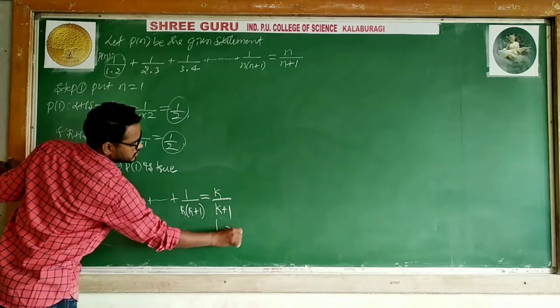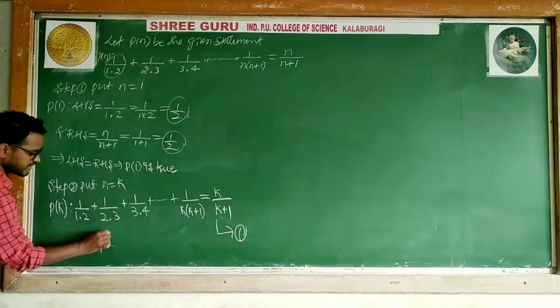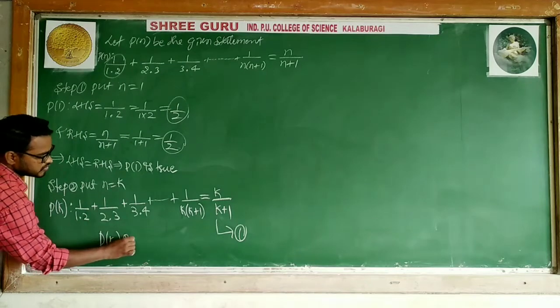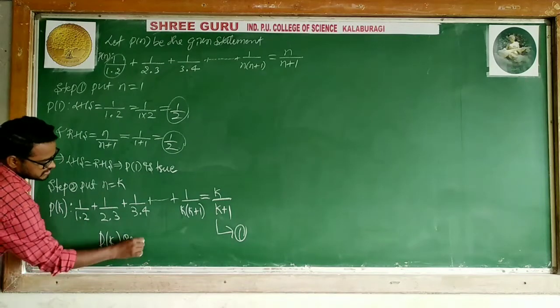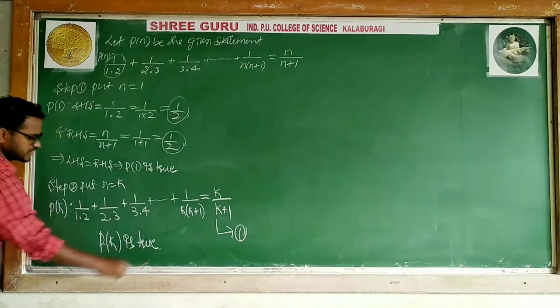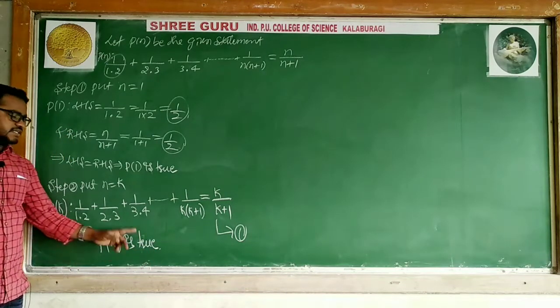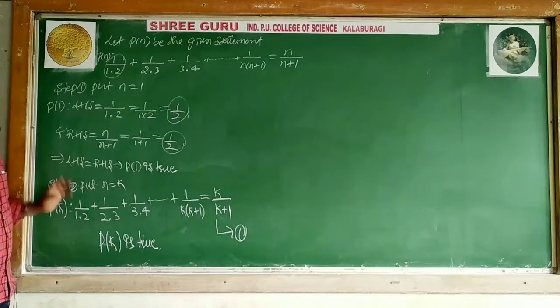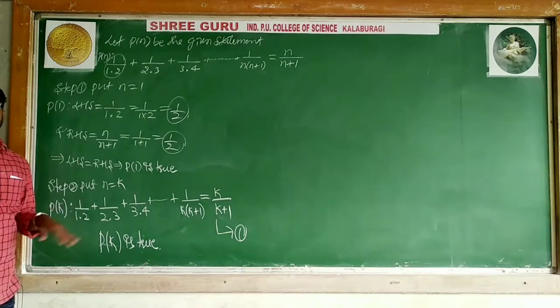This is equation 1. P of k is also assumed true, as usual. So the first step is over, and the second step is over.